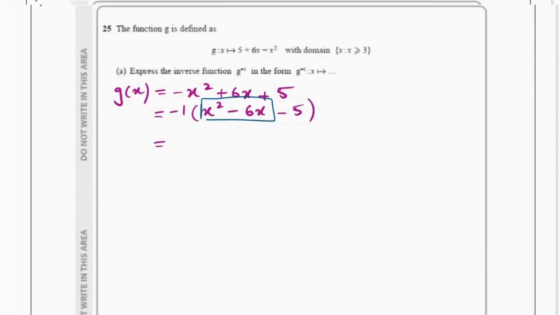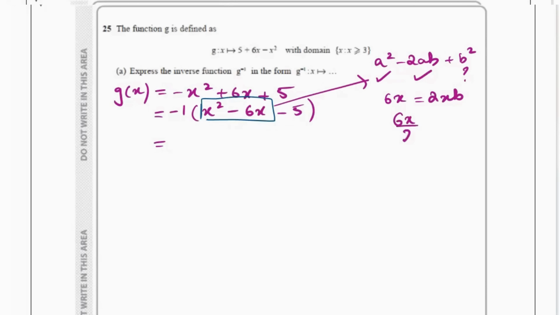So to convert x squared minus 6x into a complete square, we know that a complete square is going to be a squared minus 2ab plus b squared. We have our a squared, we have our 2ab, we don't have our b squared. So to find the b value, we put 6x equals 2xb. A is x in this case.